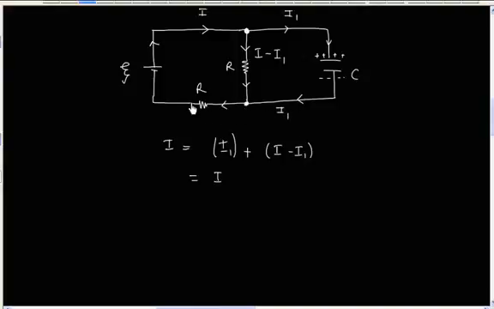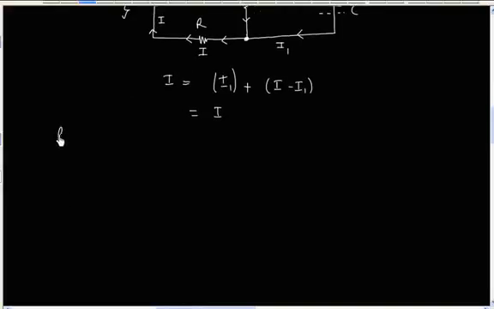So this branch of the circuit will have a current of I minus I1 plus I1, that is equal to I. So finally the battery gets a current of I, that is, the battery remains neutral. The same amount of current is given by the battery and finally the same amount of current is taken by the battery.